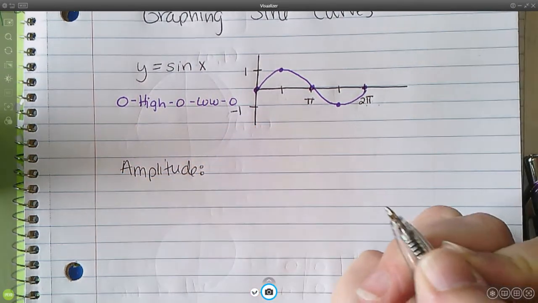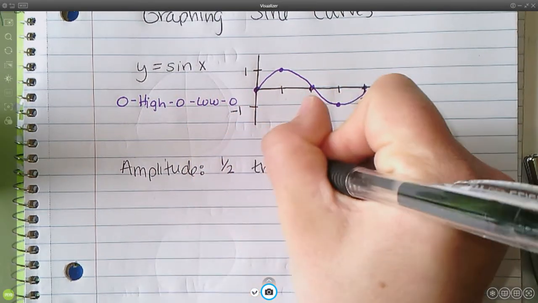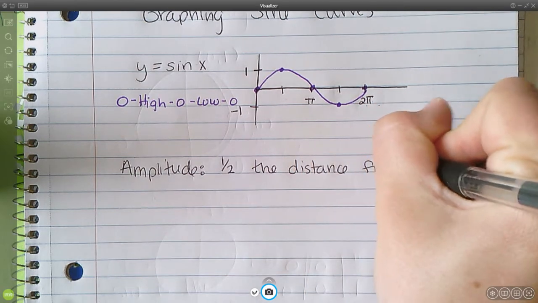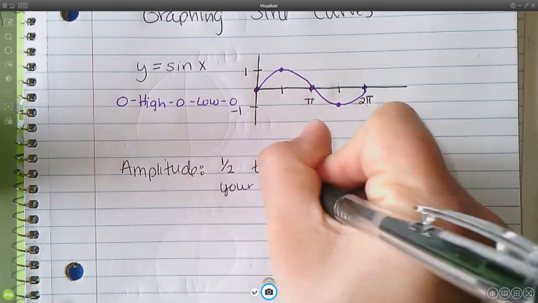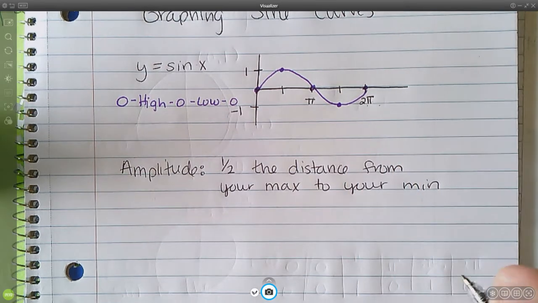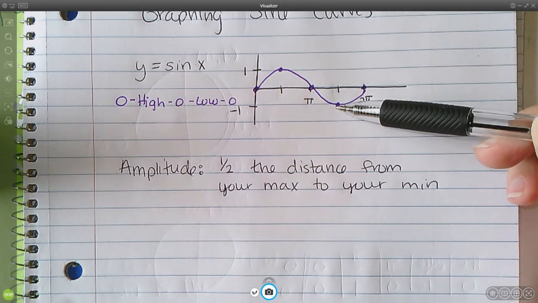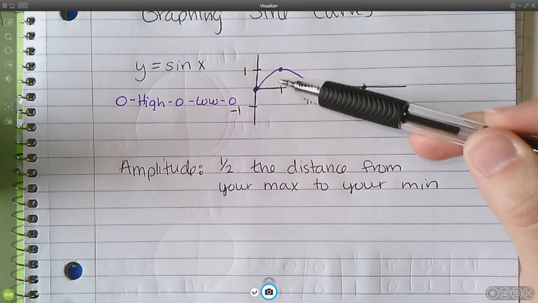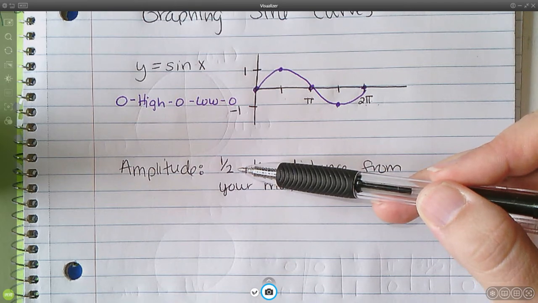So the amplitude is half the distance from your max to your min. Okay, so if you look at this, our max is 1, our min is at -1. So what's that distance from 1 to -1, or from -1 to 1? Well, that distance is 2, and we want half of that, so it's 1.